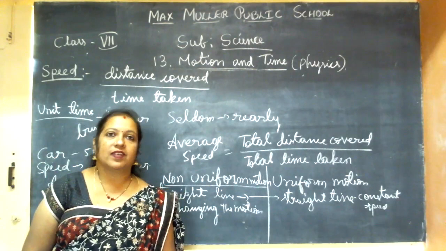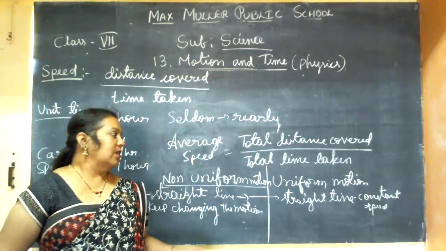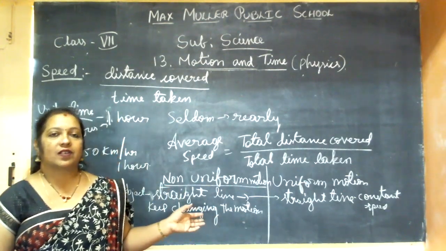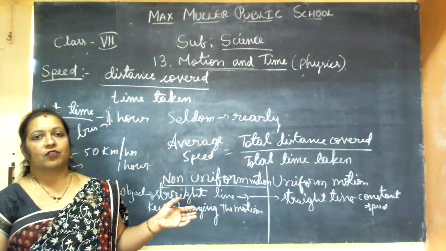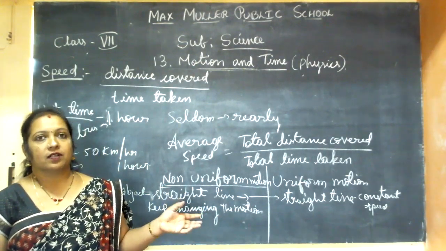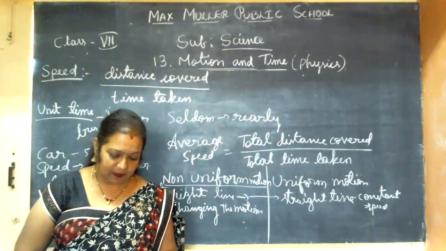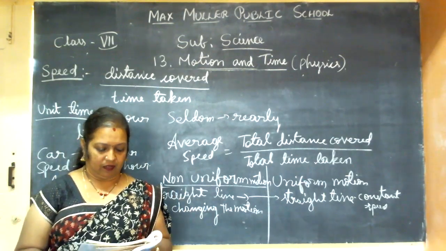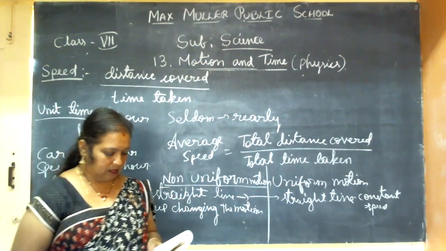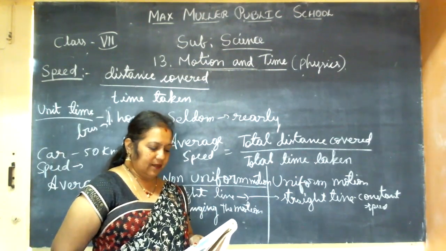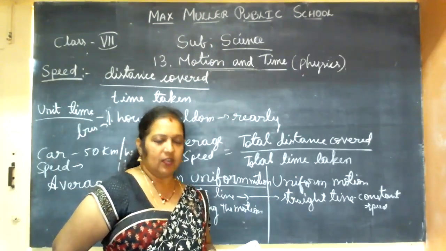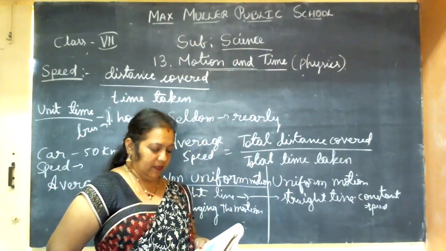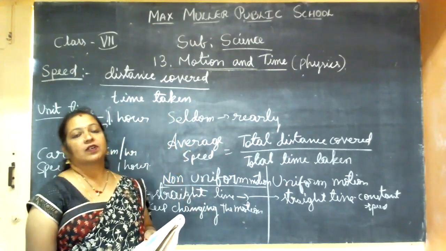So if the body is moving in a straight line, whether it is uniform or non-uniform motion, you can find that out. Now, we can determine the speed of the given object when we measure the time taken to cover the distance.